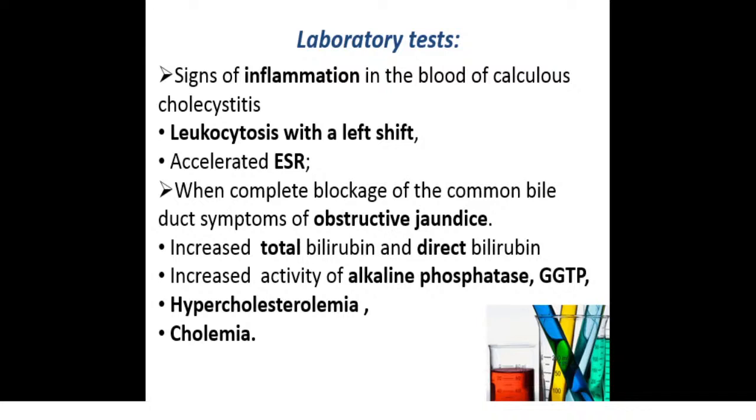It is increased bilirubin, both direct and indirect: increased total bilirubin and direct bilirubin. And maybe increased alkaline phosphatase and gamma-glutamyl transpeptidase, and hypercholesterolemia and cholemia if the patient has cholestasis syndrome.